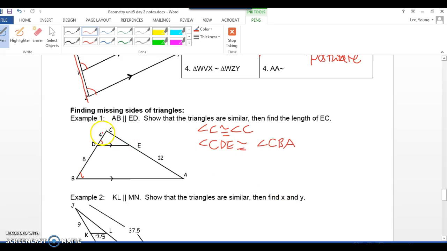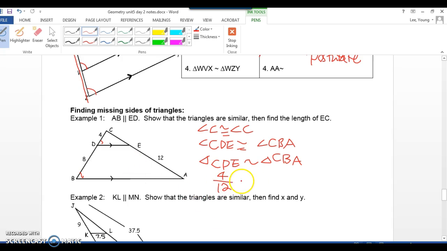You can solve this problem by setting up the proportion. We know that triangle CDE is similar to triangle CBA. So we can set up the proportional statement CD, which is 4, over CB, which is 4 plus 8, 12.